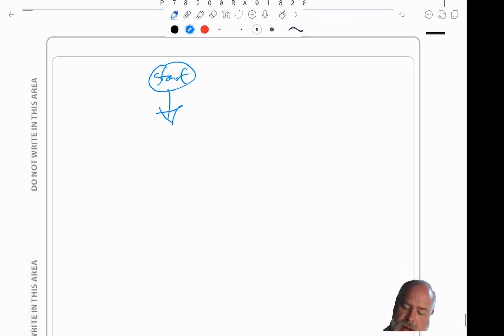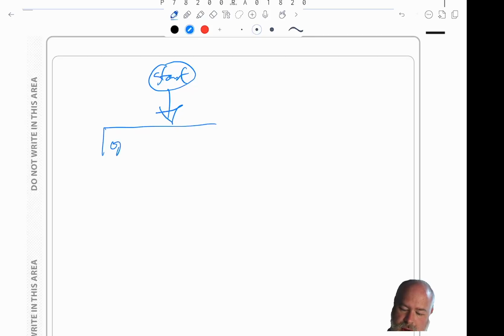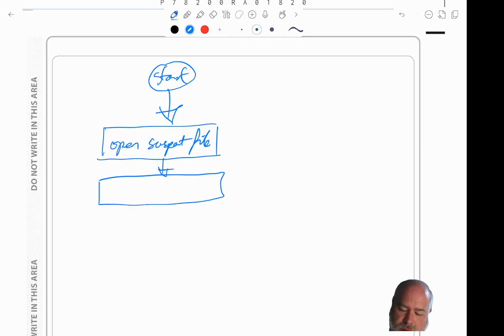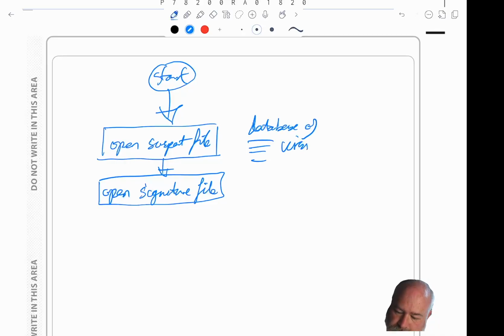So what do we do first? We have a process. We open suspect file. That's a process, so it's in our quadrilateral. Open our suspect file. Then we open signature file. So this is from a database of virus signatures.